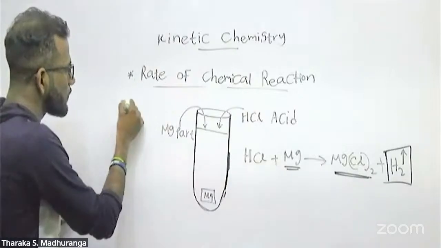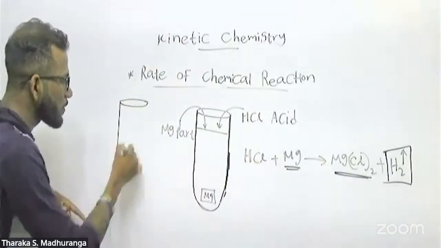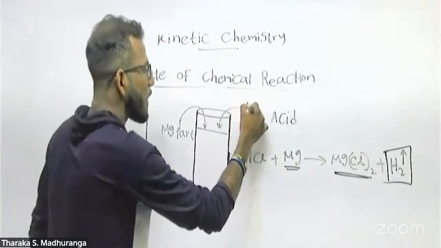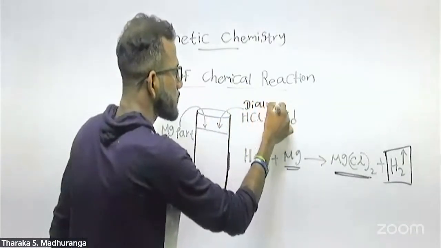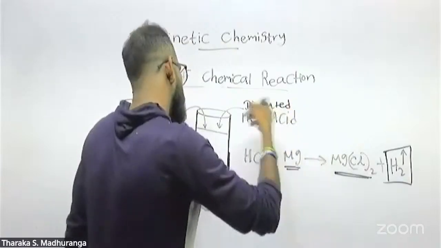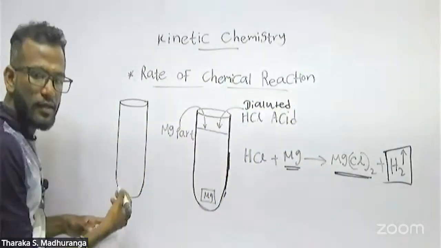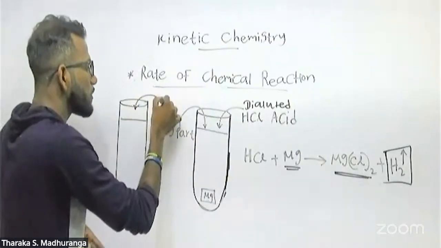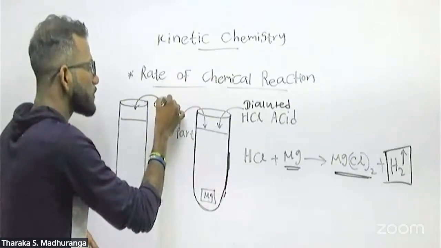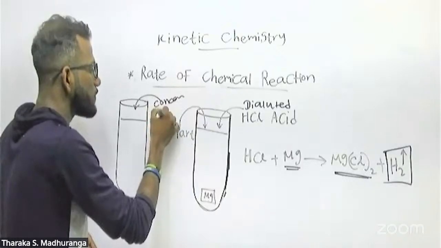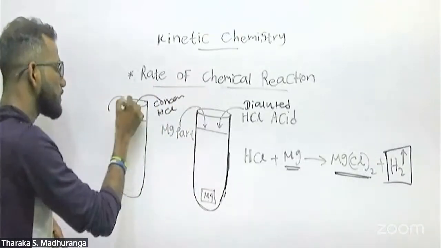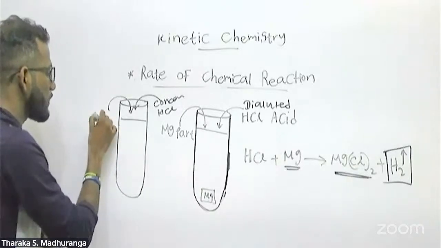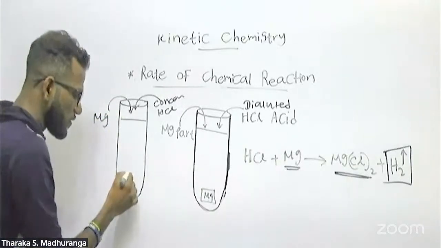Think we add diluted HCl acid and a magnesium part. Think for this test tube we add some concentrated HCl acid and we add a magnesium part.